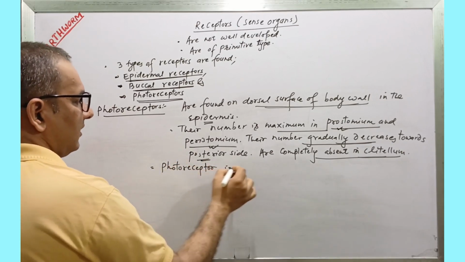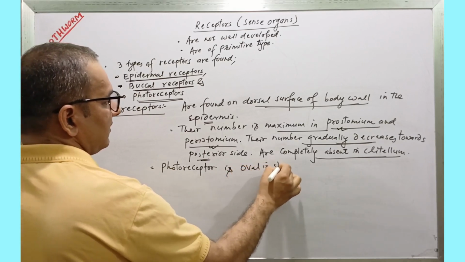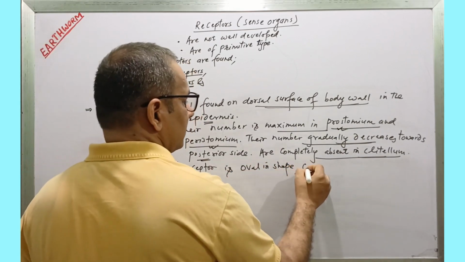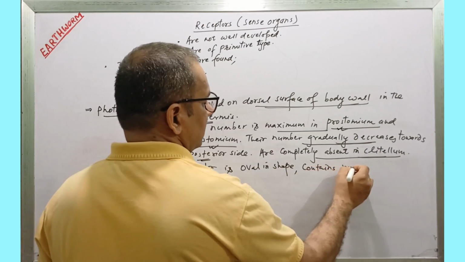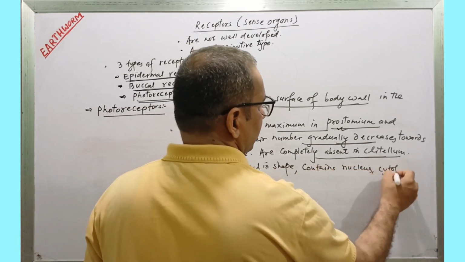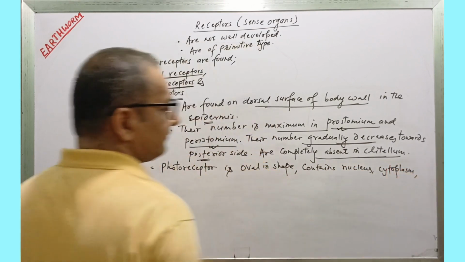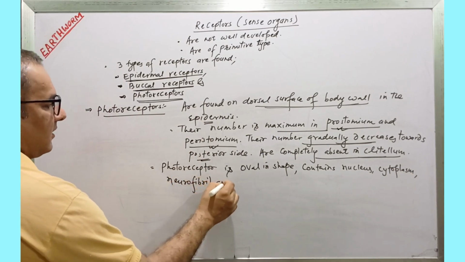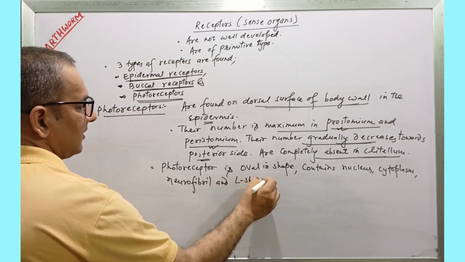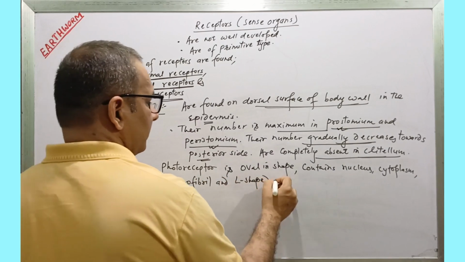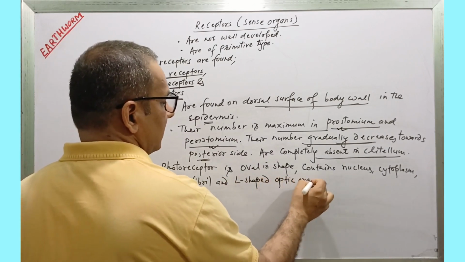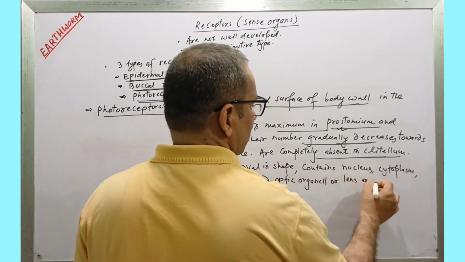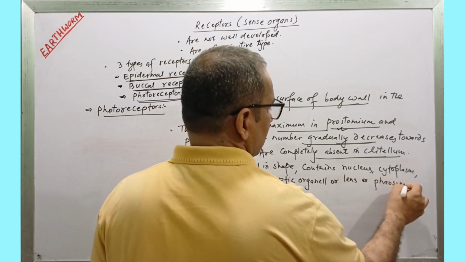The photoreceptor cell is oval in shape and contains a nucleus, cytoplasm, neurofibril, and an L-shaped optic organelle, which is also called the lens, or also called the Phaosome.